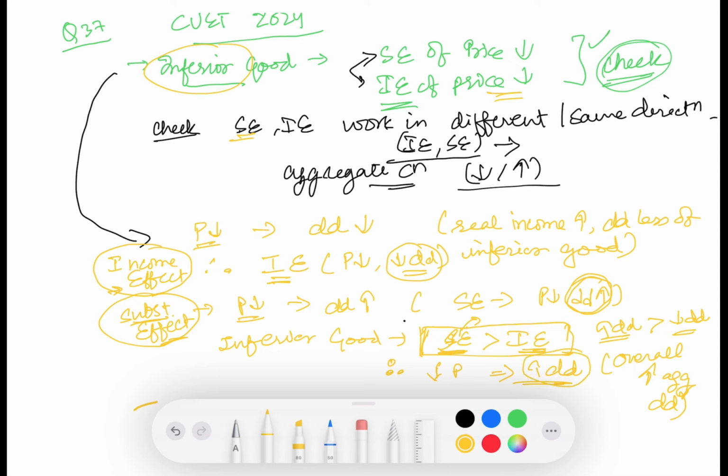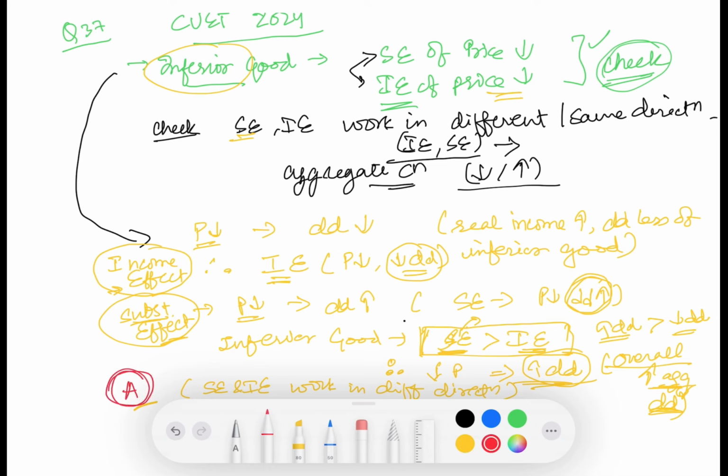Now what is the option that is workable given the different options? We know that substitution and income effects work in different directions, right? Both are in different directions for an inferior good, right? And overall aggregate demand will rise, and therefore the answer is option what?